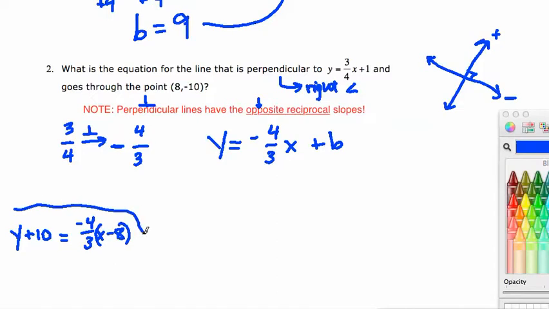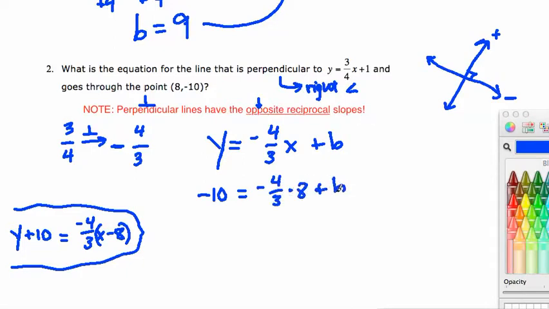That's okay too. I'm just kind of doing that as a side note, but I want to show you this method again. All right, so now we want to put in this point, and in this case we've got, all right, -10 is our y, and then an 8 as our x, and we're solving for b.